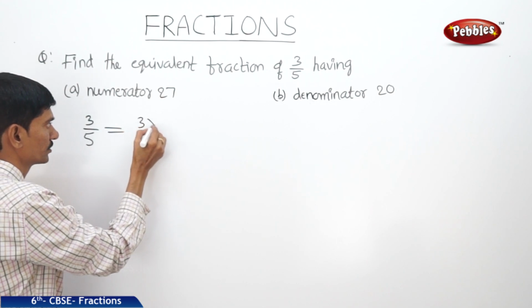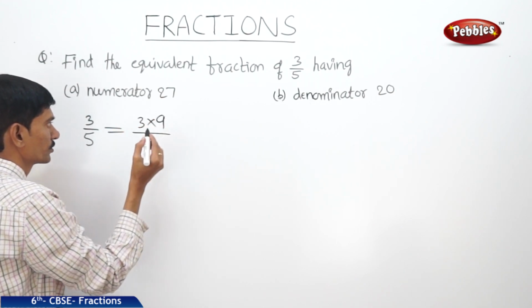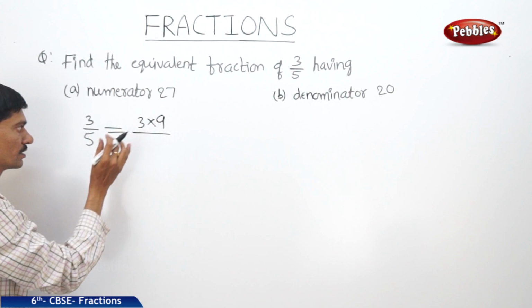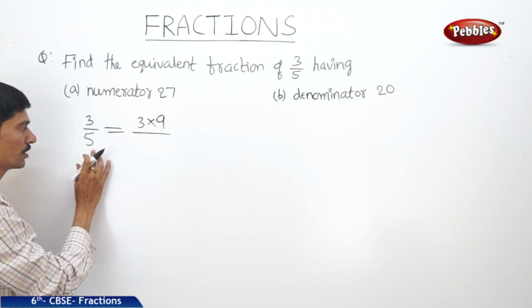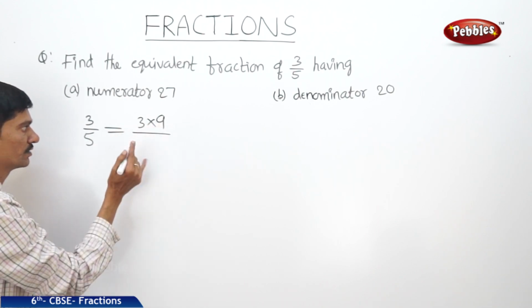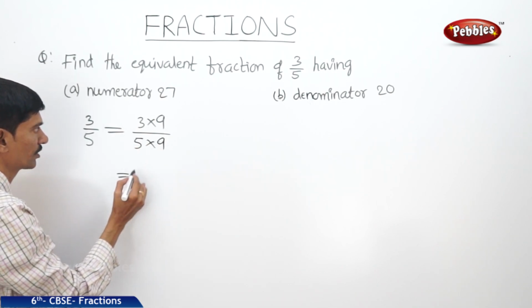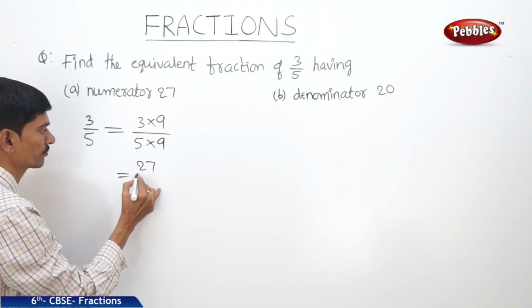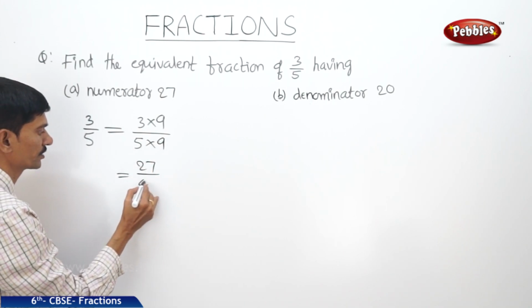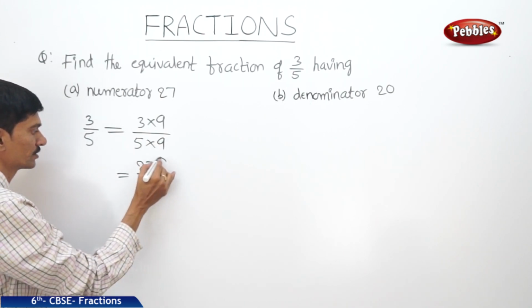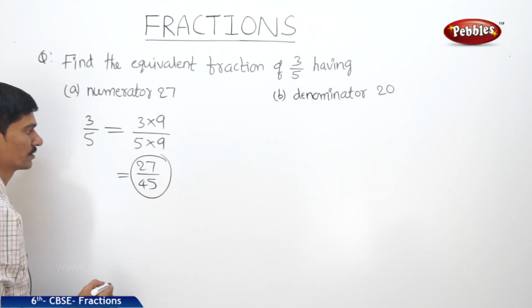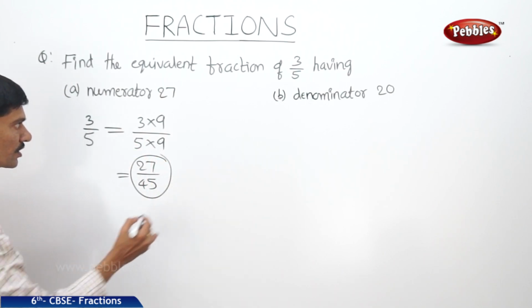So 3 into 9 by, so when the numerator is multiplied by 9, the denominator also is multiplied by the same number 9. So here we take 5 into 9. Now this equals 3 9s are 27 by 5 9s are 45. So the fraction is 27 by 45.